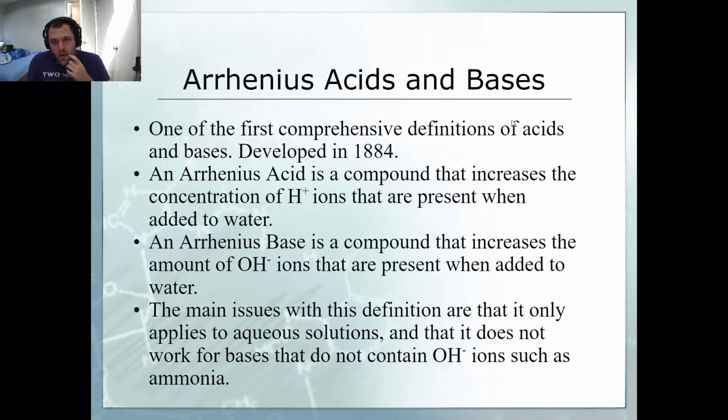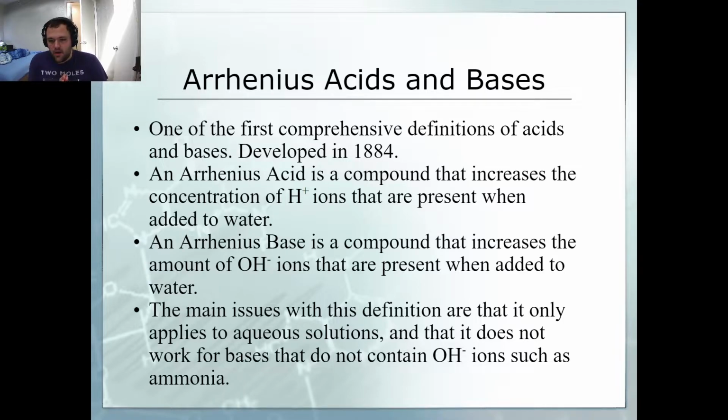Okay, so there's been a couple of different ways that we tell these things apart over the years. The first real kind of systematic definition we had for them was created in 1884 by a guy named Arrhenius. I don't know his first name, that was his last name. And he said that an Arrhenius acid is any compound that when you dissolve it in water, it increases the concentration of H+ ions that are present.